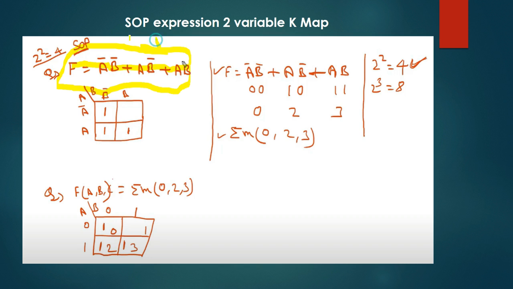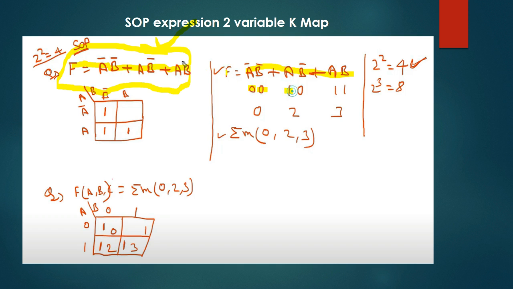So this function is given. As we all know, this is a SOP, sum of products representation, and we are given the function A bar B bar plus A B bar plus AB. So A bar is represented with 0, B bar is represented with 0 again.